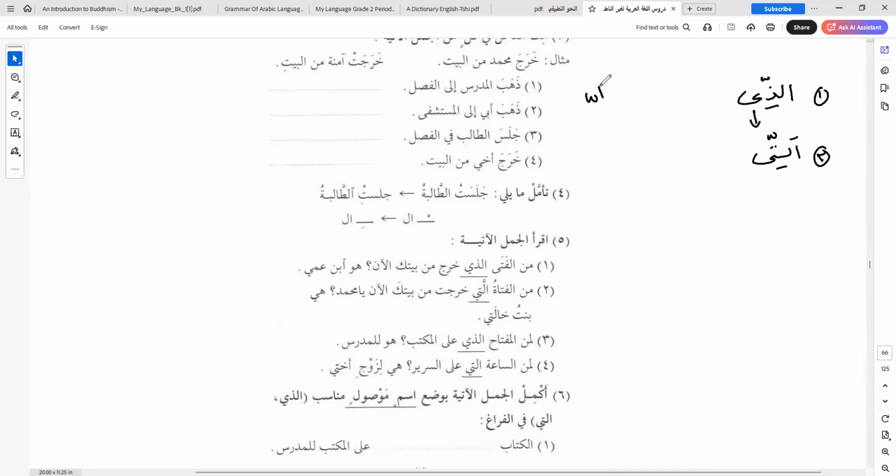So this one is who, which, that, and it's used for masculine singular nouns. And then التي is also who, which, and that, and they are used for feminine singular nouns. That is it. So we're going to learn how to use them.